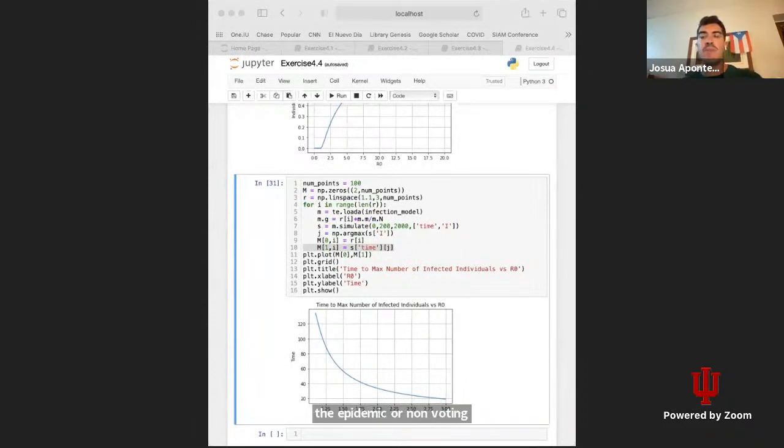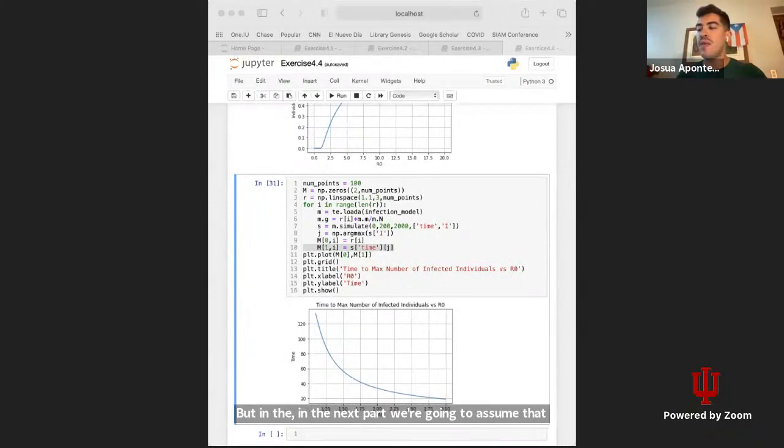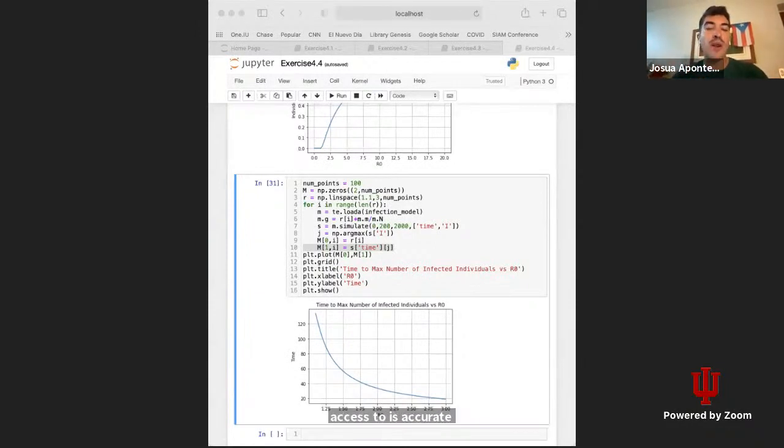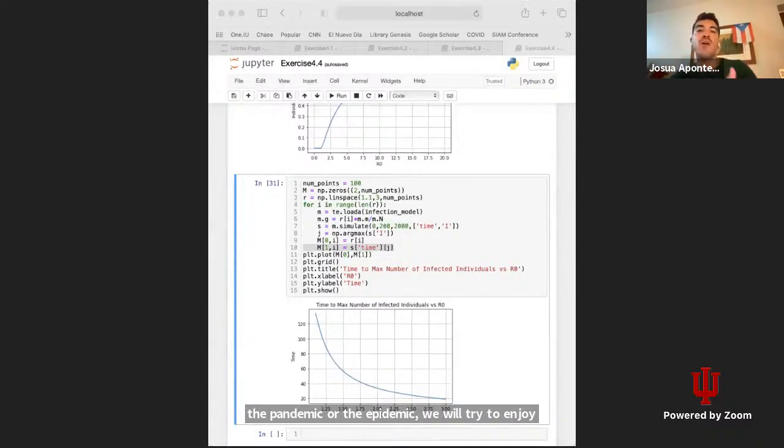But in the next part, we're going to assume that the information that we have access to can be accurately described by an SIR model. So the idea now is that based on some information about the epidemic, we will try to infer or determine what the parameters of the SIR model would be.